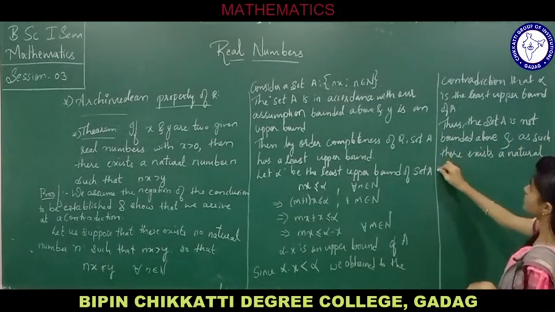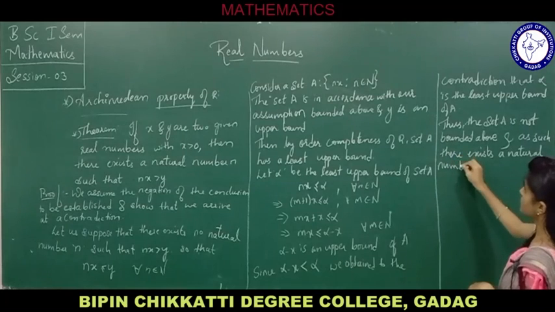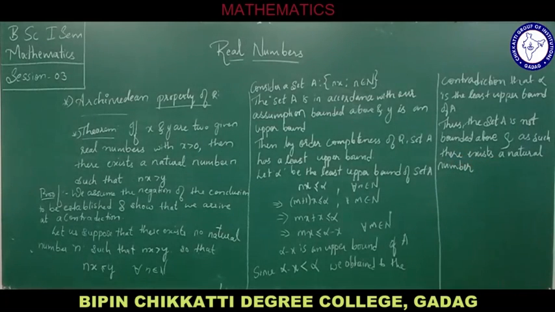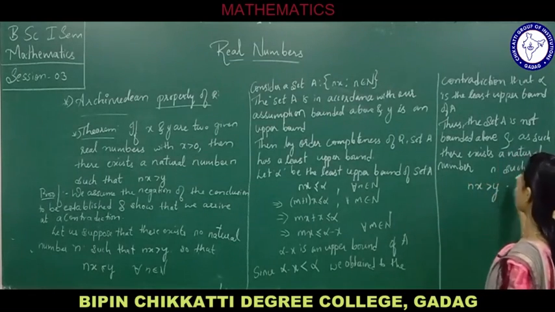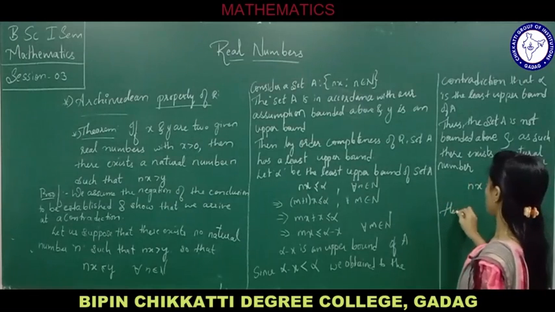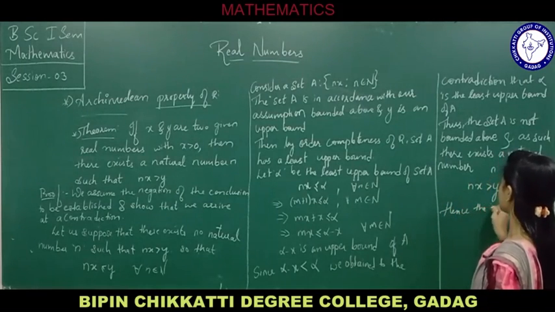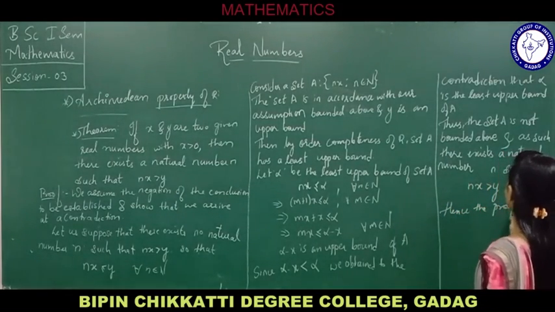What kind of natural number? We have considered n, no? There exists a natural number n such that n into x is greater than y. Hence, this is the proof of the theorem.